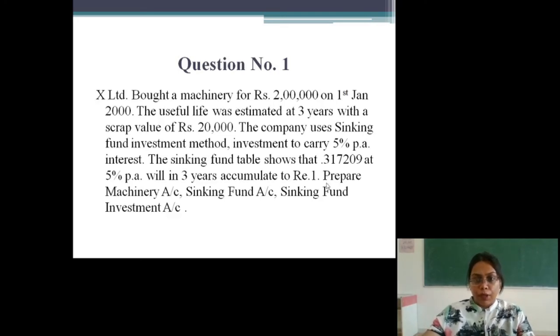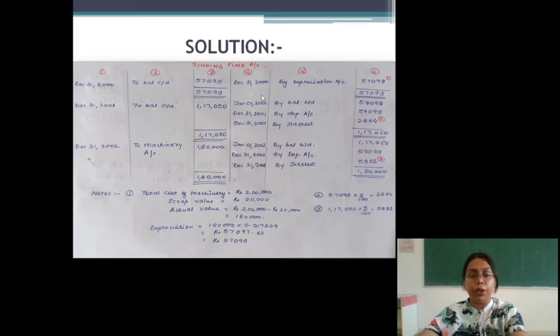So what we'll do now, on December 31st 2000, we'll charge the depreciation on the machinery by depreciation account 57098, and we'll transfer this balance on the same date, December 31st 2000, to balance carried down, same amount 57098.